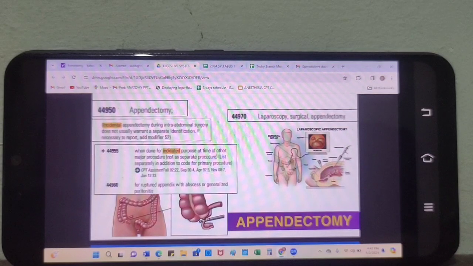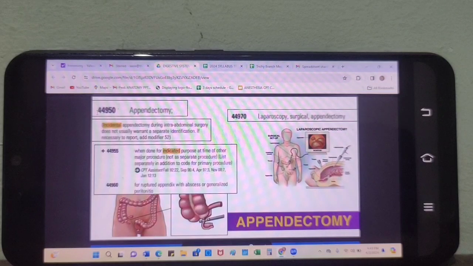So guys, please listen. Accidentally, during another major surgery, doctors find out the problem and remove the appendix also. So here we have to report this 44950 along with the modifier 52.